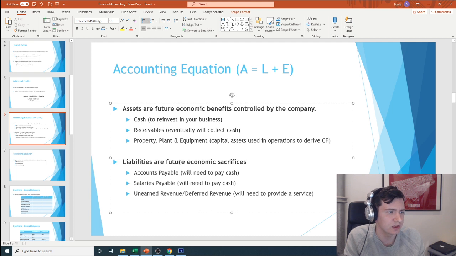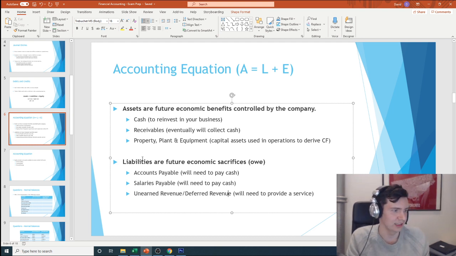And then we have our liabilities, our future economic sacrifices, things that we owe. So accounts payable, salaries payable. You'll notice that a lot of these liabilities are payables. And then we also have unearned revenue, sometimes called deferred revenue.